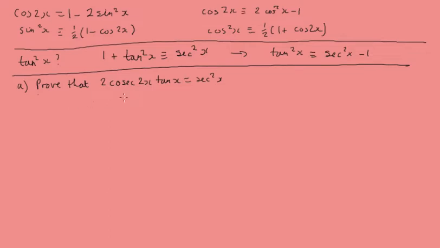So let's think about what we know. We know that tan x is equal to sine over cosine, and with the double angle theorem, sine 2x is equal to 2 sine x cosine x.